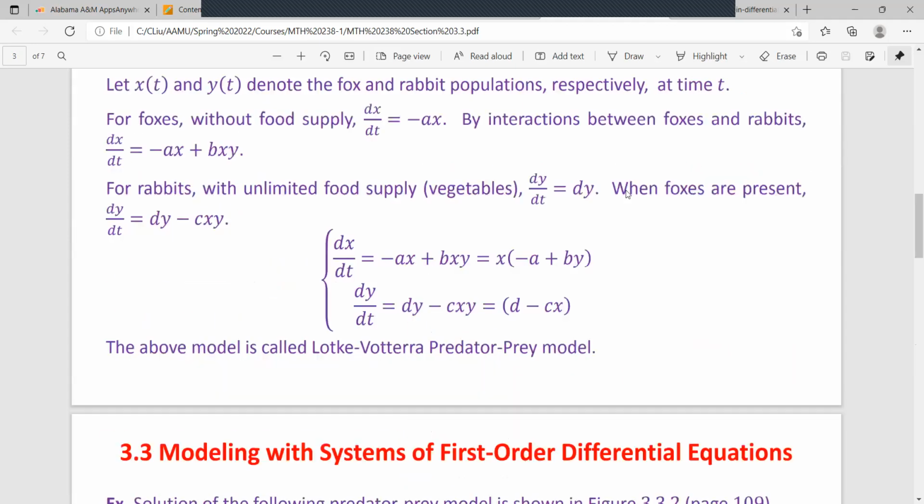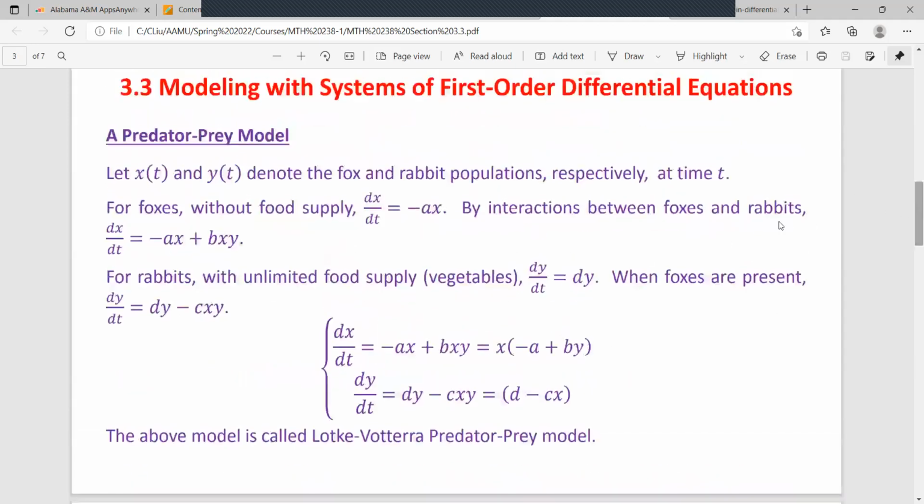If you look at the predator-prey model, the first term on the right side of the first equation for the predator, for the fox, is negative because of the diet.